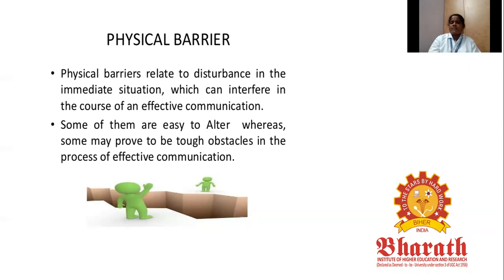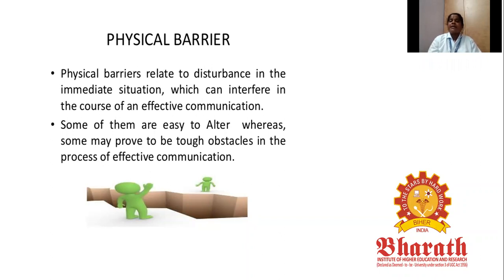That is one of the restrictions that interferes with effective communication. Some of them are easy to alter, whereas some may prove to be obstacles in the process of effective communication.